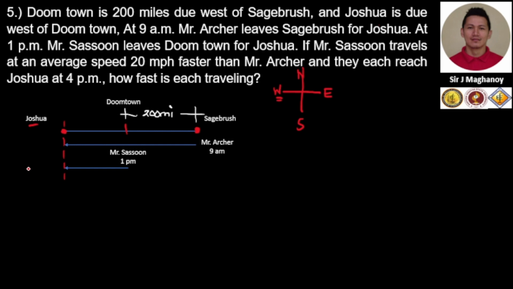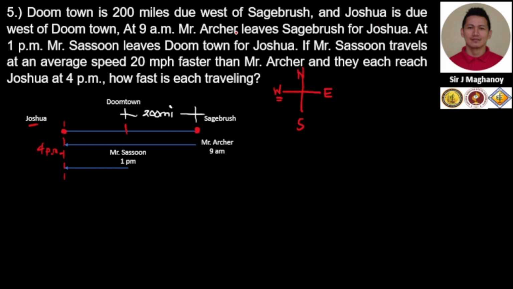So time here is 4 p.m. So we establish our location. The problem requires us to determine how fast Mr. Archer and Mr. Sassoon are going. Let's review our statement before we proceed to the TRD box.